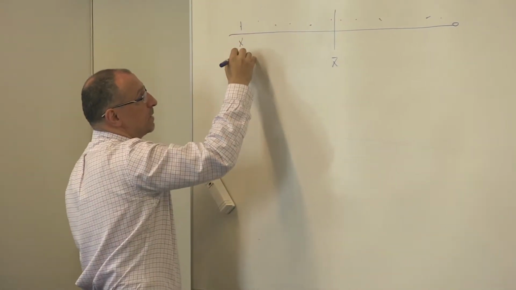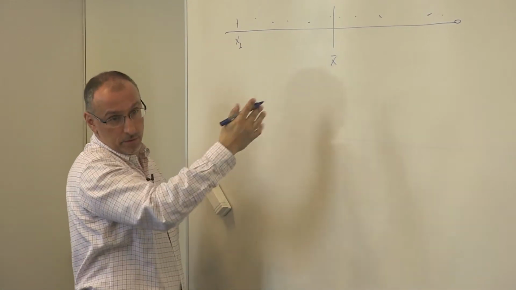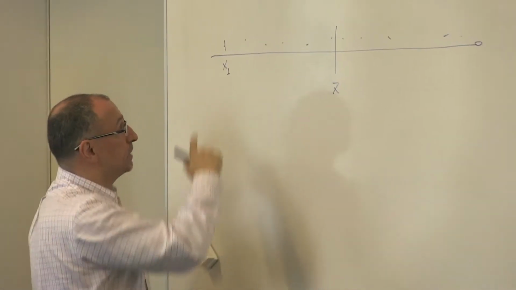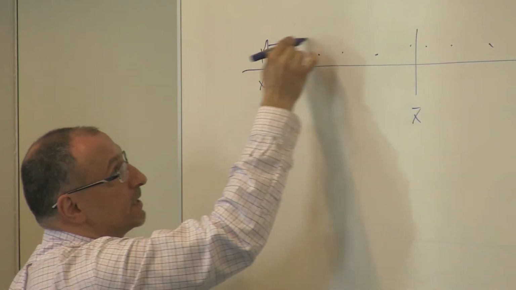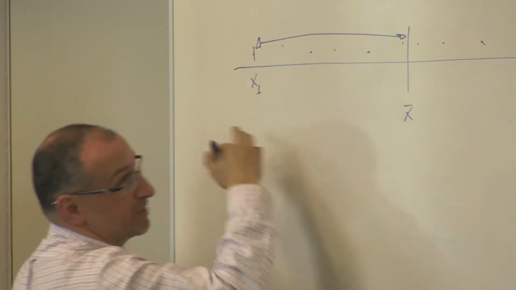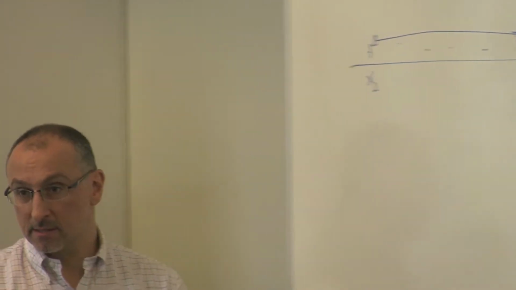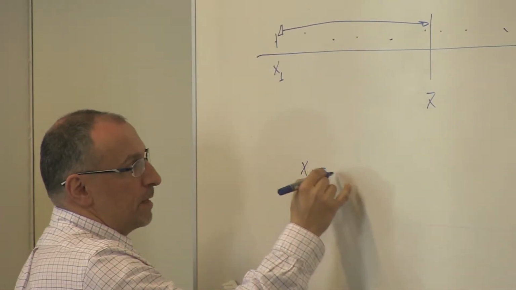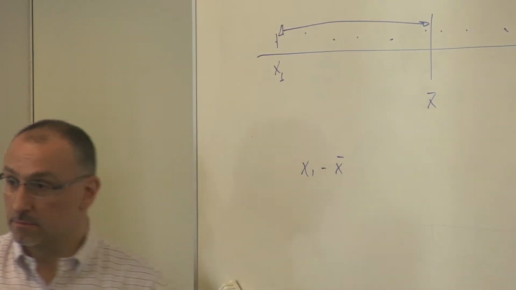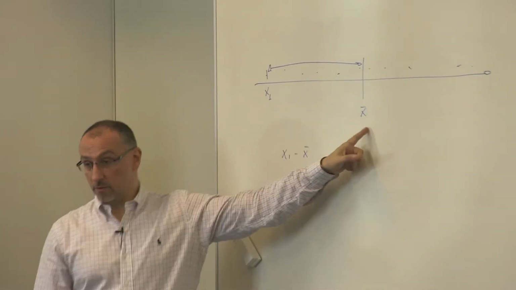So if this is my x1, it could be any number, it could be any xi, but I'm picking this one and I'm calling it x1. And I look at that distance. One way that I can measure that distance is to say x1 minus x bar. Yes? And I will have a measure of how far this point is from the mean.